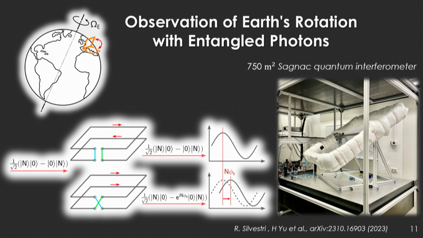Right, so we have a 750 Sagnac quantum interferometer, and we inject entangled photons inside it. And what we can see is that instead of phasing only one phi with an interferometer, we can actually scale up this phi. With 2002 entangled states, we can scale up to 2, and in the future, we can put in more entangled photons.